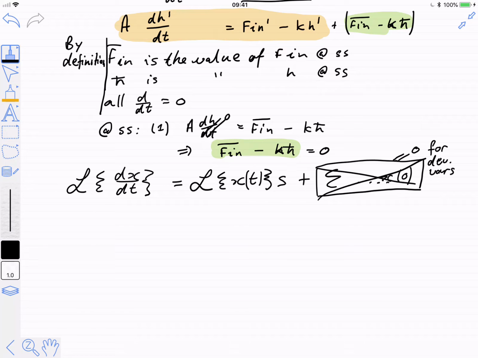And the version of this identity that you really need to remember is the Laplace transform of the derivative of a function is just equal to the Laplace transform of the function times s. And I recommend, even though you have the table, the insight that you obtain from having this fact readily available in memory makes it worthwhile to memorize.